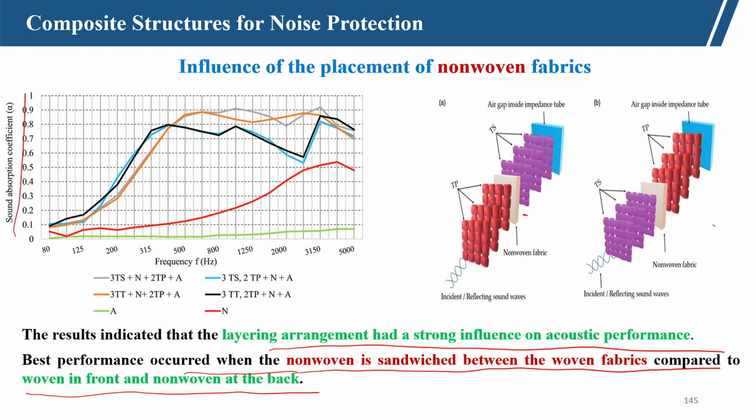So, you can see here, with only non-woven fabrics in the back, this is giving a lower sound absorption coefficient, although the combinations are the same. So, non-wovens should be sandwiched within the plain structure.